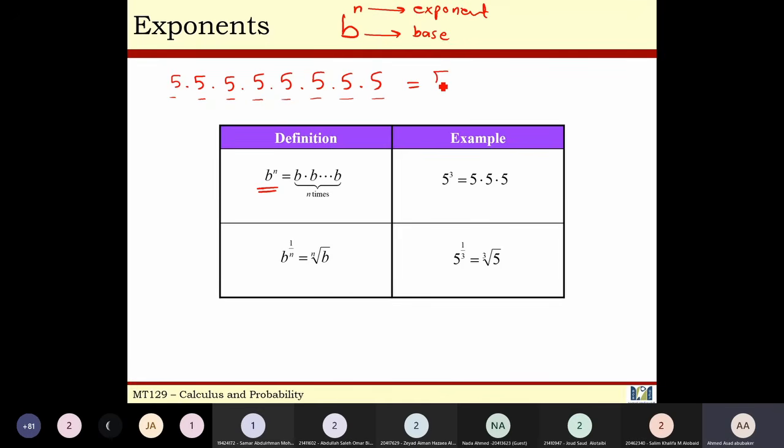So we have 5 to the power 8. This means the number 5 times itself 8 times. It will multiply itself 8 times.